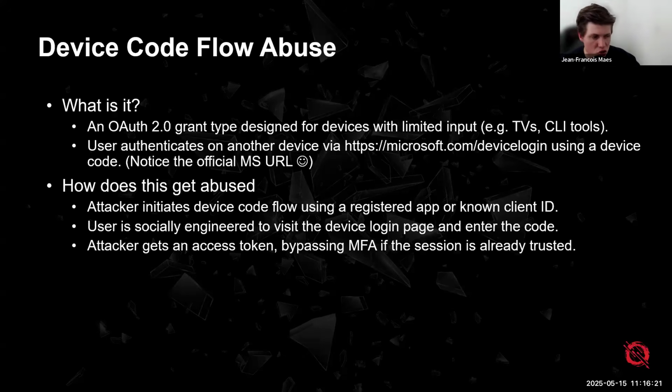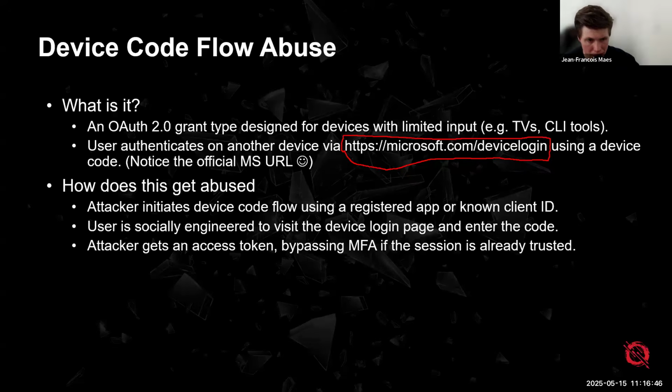And the URL is super straightforward, and it's a legitimate URL, right? Microsoft.com/devicelogin. Super straightforward. Now, how does this get abused? Well, an attacker is going to initiate a device code flow using a registered app or a known client ID.